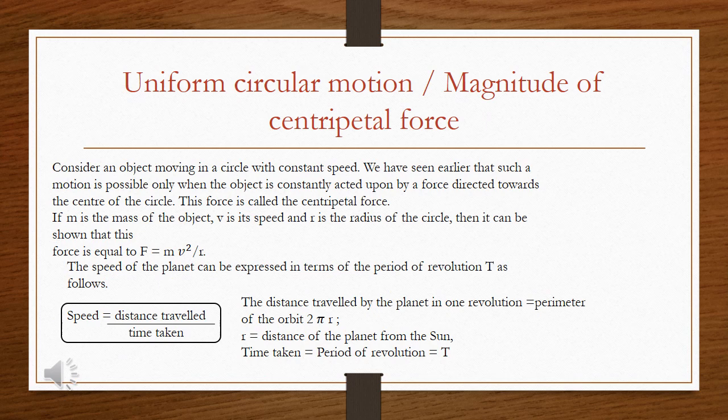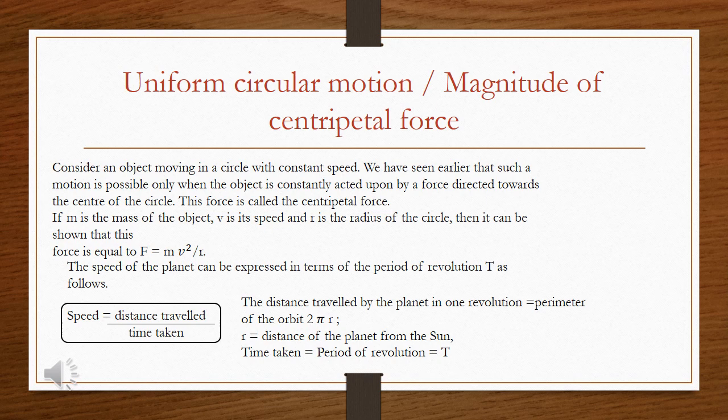Let's know about the uniform circular motion and the magnitude of the centripetal force. As we studied earlier, the circular motion and the centripetal force, how they are related. Here, consider an object moving in a circle with a constant speed. We have seen earlier that such a motion is possible only when the object is constantly acted upon by a force directed towards the center of the circle.